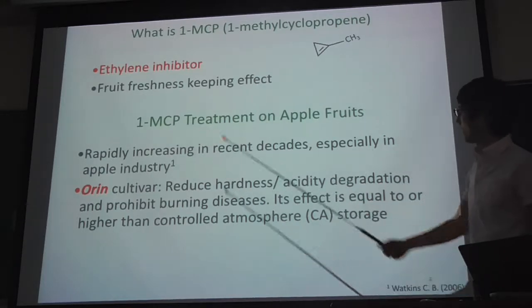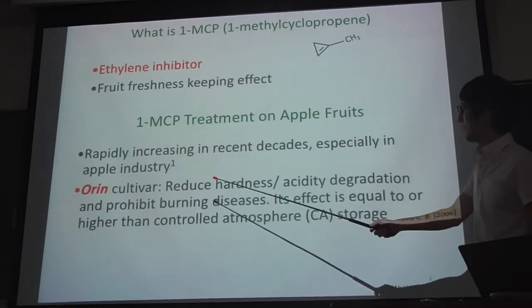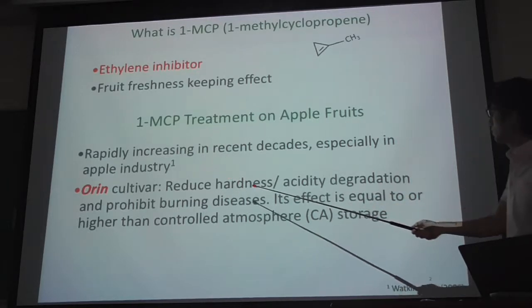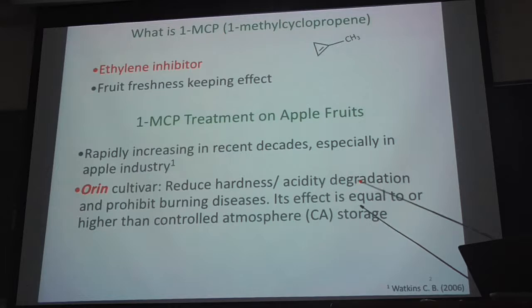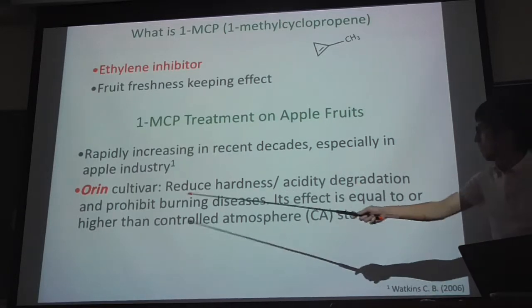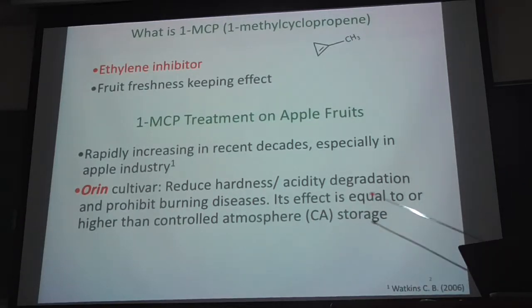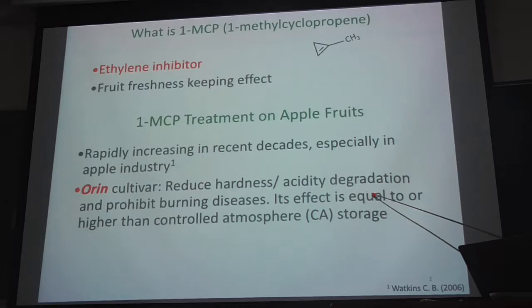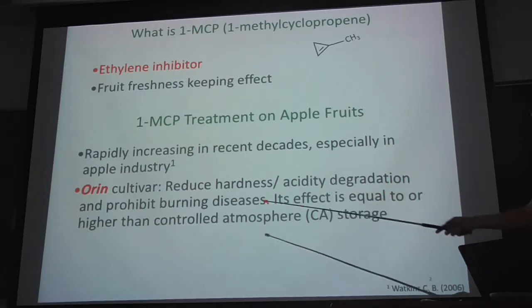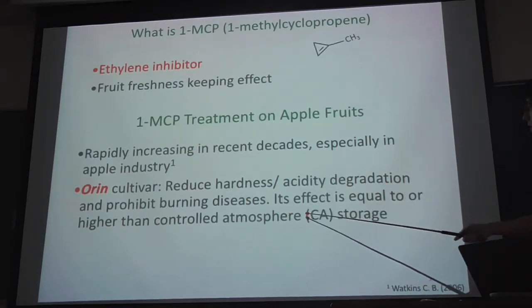For this cultivar, 1-MCP can reduce hardness and acidity degradation during preservation, and it can also prevent browning disease. And it is said that its effect is equal to or higher than controlled atmosphere (CA) storage.